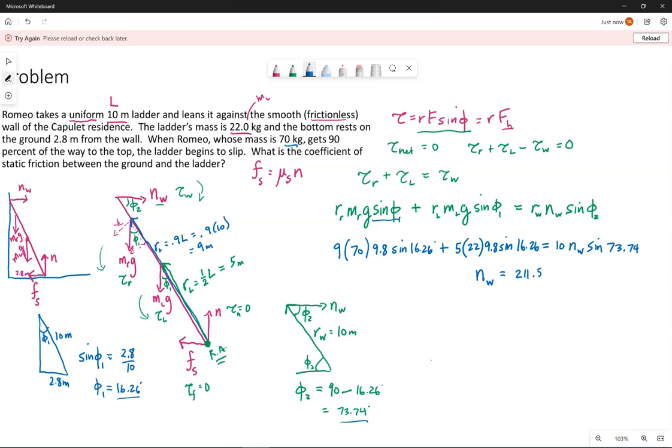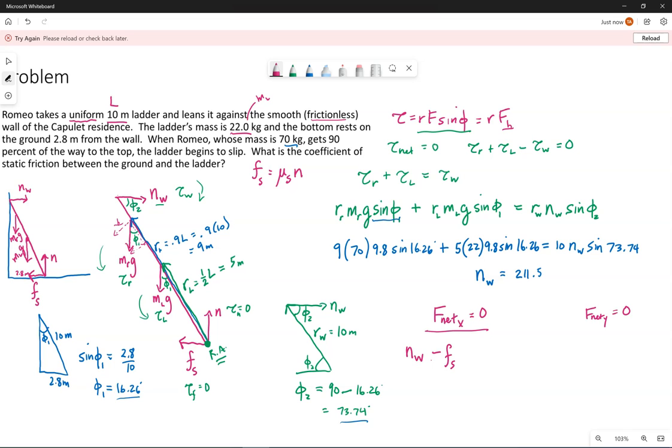So that's where we're going to come back and look at the net force in the x direction being 0 and the net force in the y direction being 0. In the x direction, going back to our free body diagram, we see the normal force the wall is exerting points to the right, friction points to the left.